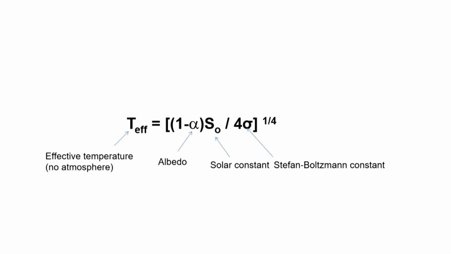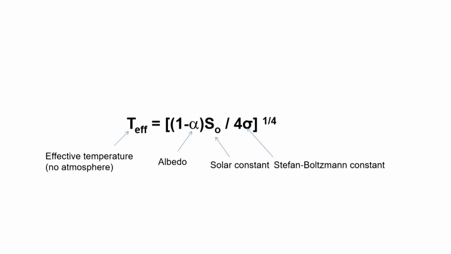It will be governed by this equation: T effective equals 1 minus alpha into S0, divided by 4 sigma, and you take the 1/4 root of the number that comes out. It gives the effective temperature. Mind it, here T effective is the effective temperature of the planet or the Earth's surface, assuming that there is no atmosphere.